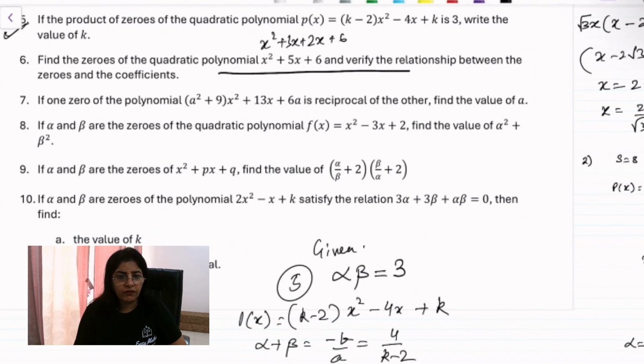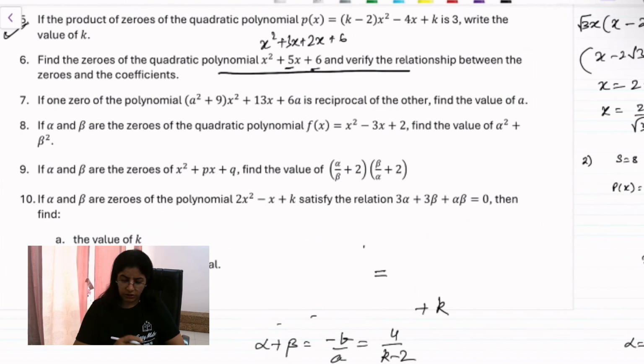Now, to verify the relationship, you have to check that the sum of the zeros should be equal to minus 5 and the product should be equal to 6. You have to write the whole page explanation verifying LHS is equal to RHS. I hope you can do this question.